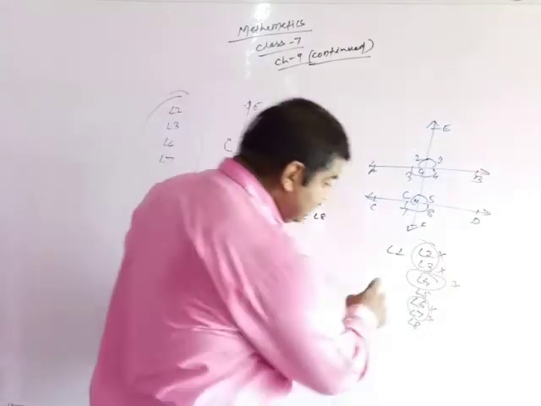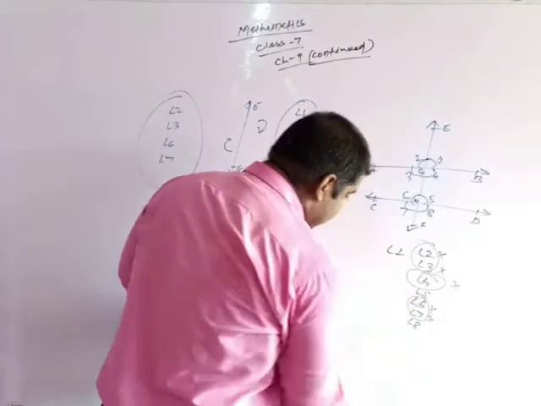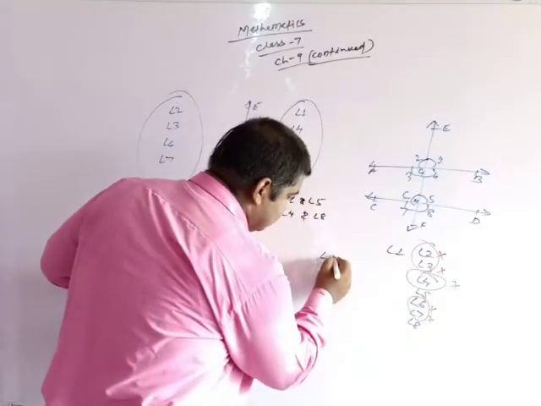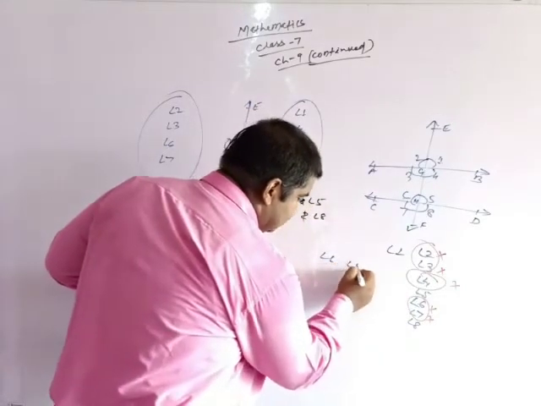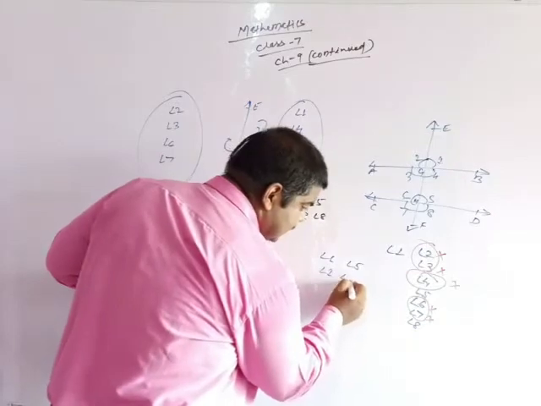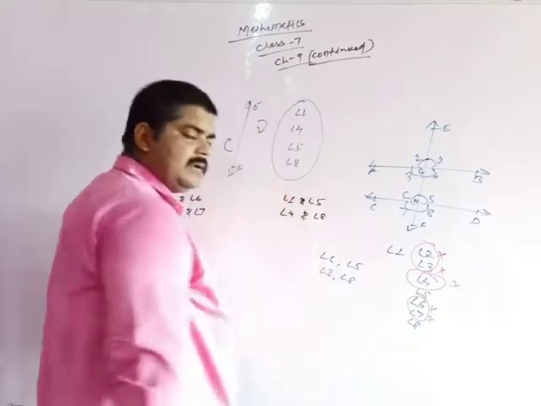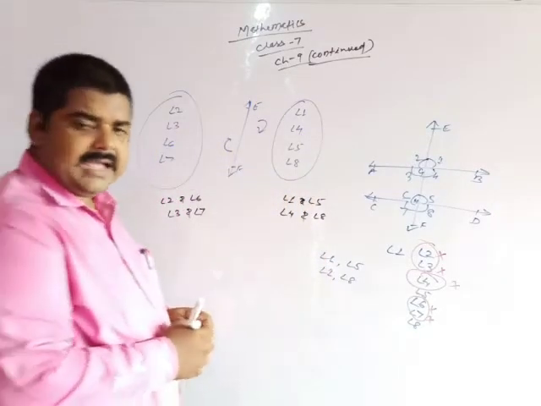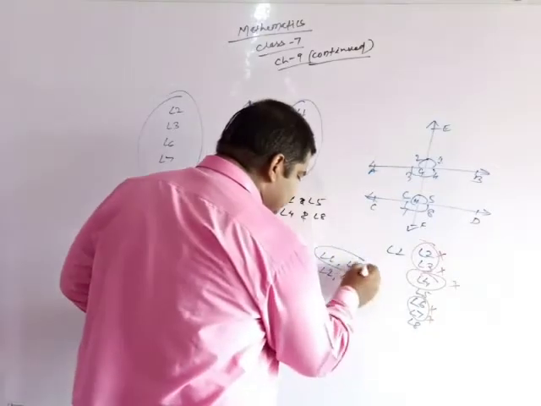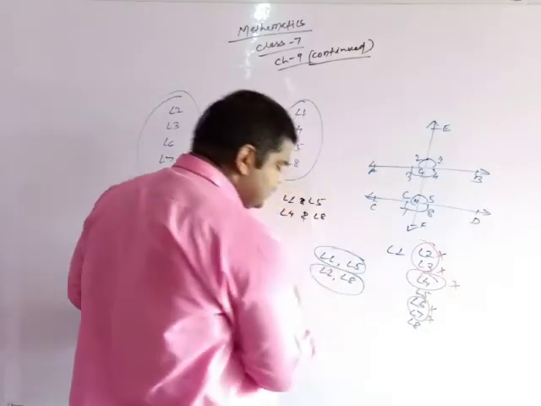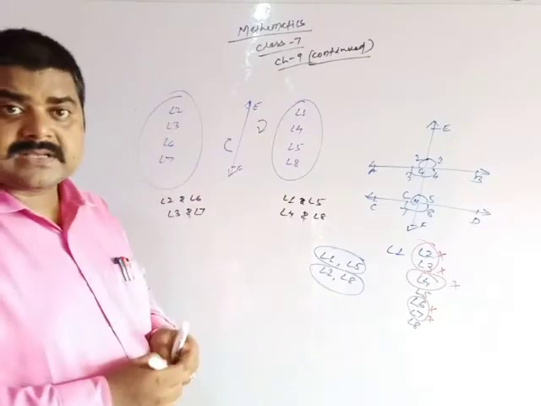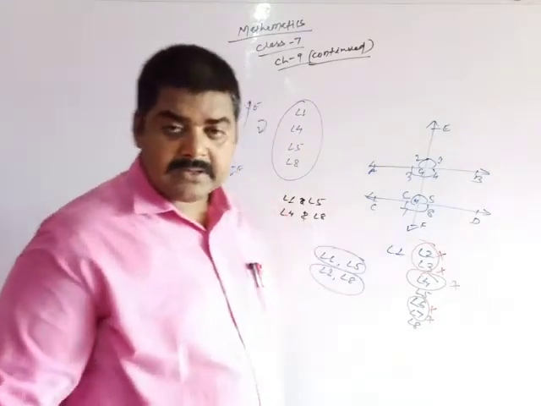Angle 1 and angle 5, and angle 1 and angle 8, are the two options, and you have to check which option is true and which is false, or whether both options are correct and follow the corresponding angles.